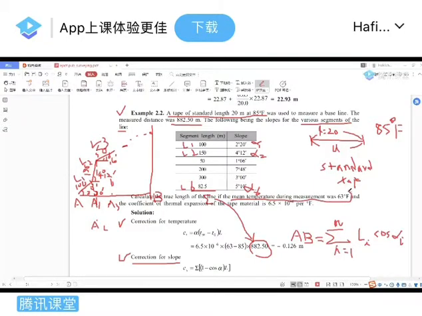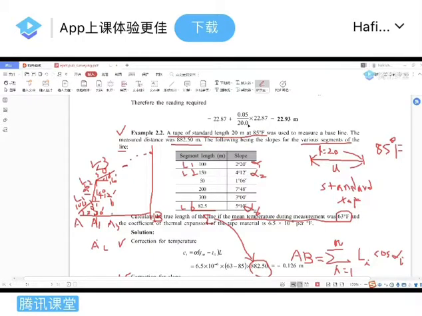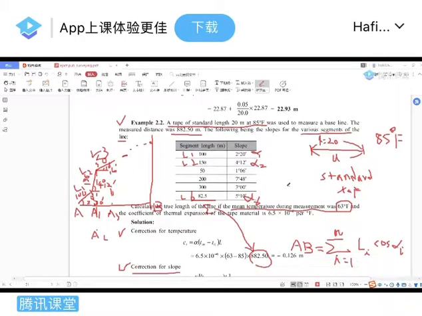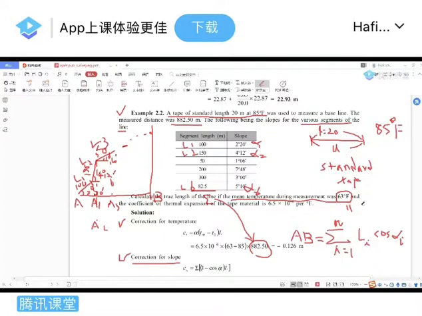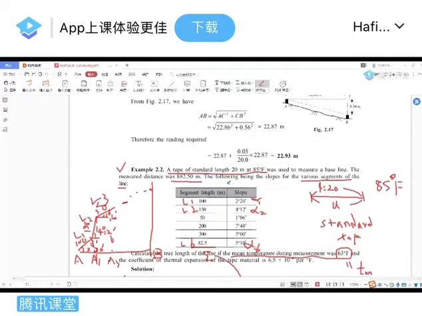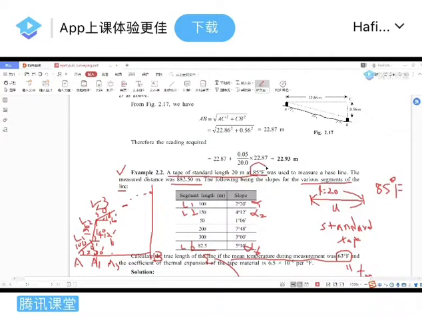So this is the temperature in the field, when you are going to measure the distance between A and B. This is the temperature outside, not in the laboratory or the theoretical one. This 63 we write as Tm, the mean field temperature. And this 85 degrees is our T naught, your standard. You fix this one.